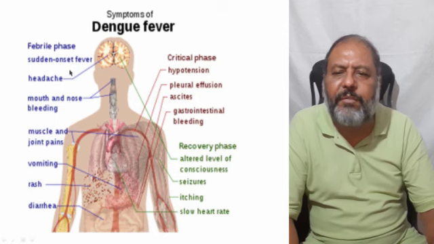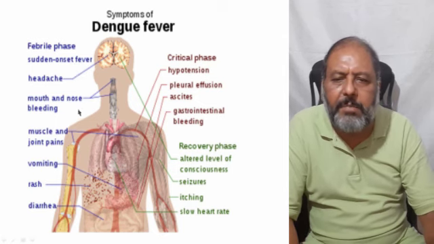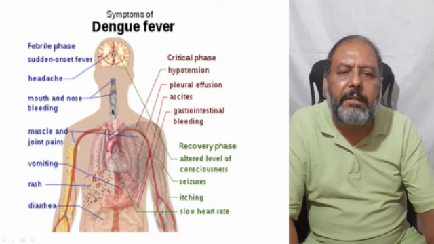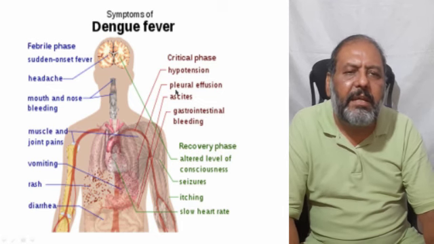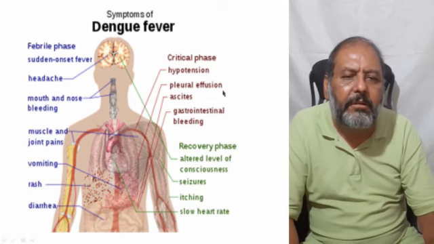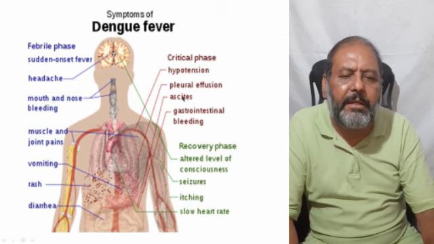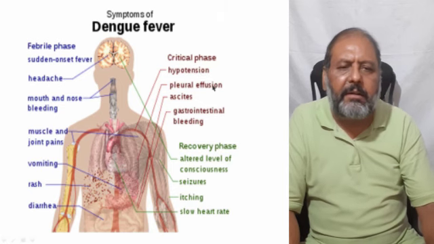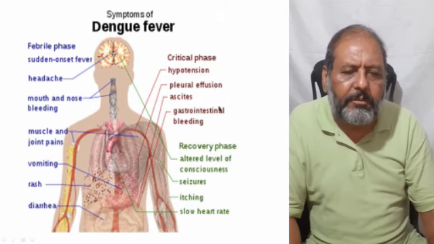The first is the febrile phase. There is sudden onset fever, headache, mouth and nose bleeding, muscle and joint pain, vomiting, rash, diarrhea. Now, this patient then goes to the critical phase in which there is hypotension, pleural effusion, ascites, gastrointestinal bleeding, and that is dangerous, even that can go to the dengue shock syndrome also.